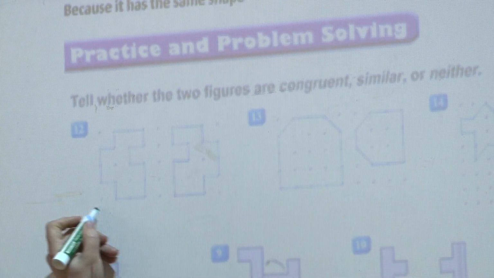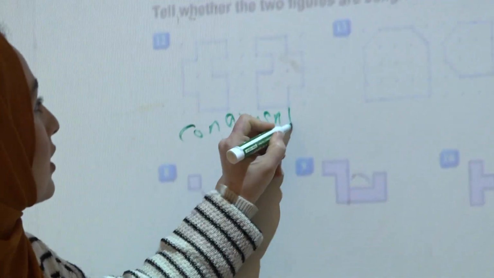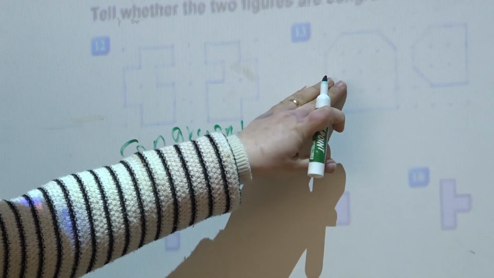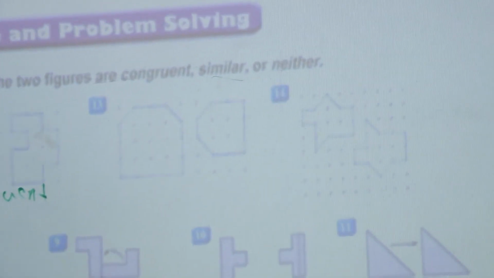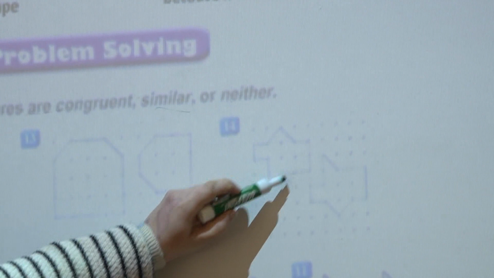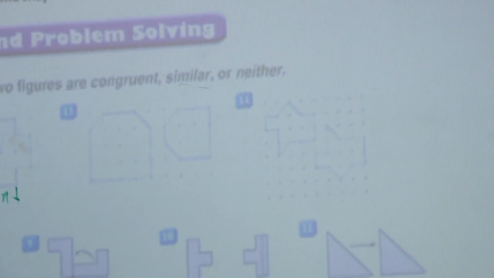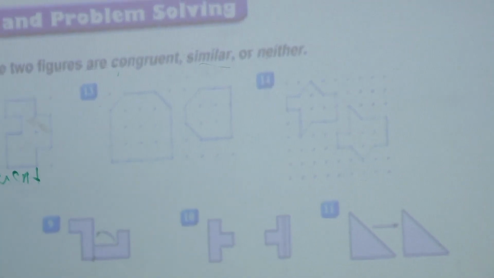This one, we have the same shape, but we haven't the same size. So this is called similar. And this one, we have the same shape and the same size. We only move it and turn it, that's no problem. This is called congruent.